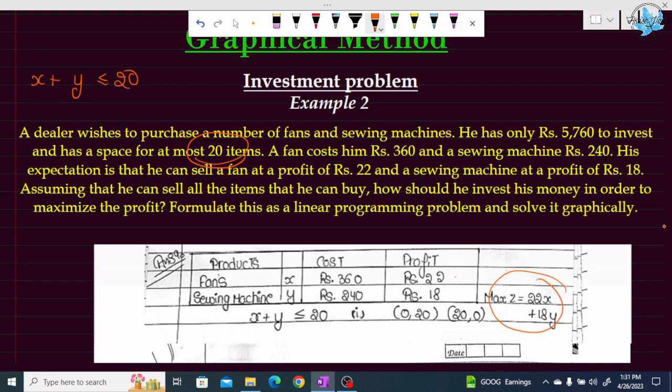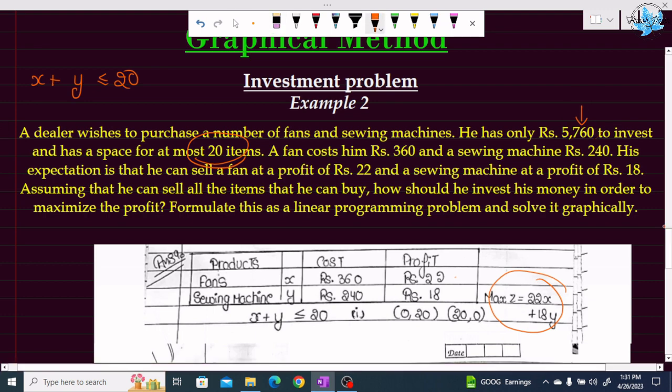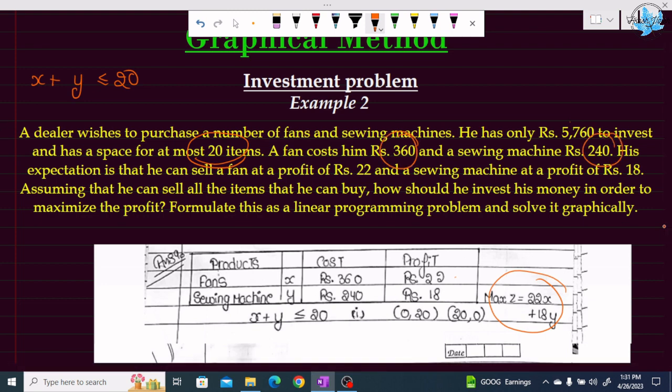Then for the second constraint we know he has only 5760 rupees to invest, and the cost is given to you. The cost of the fan is 360 and cost of the sewing machine is 240. If he purchases X units of fan at 360 rupees and Y units of sewing machine at 240 rupees, he can purchase only within the limited amount that he has, that is 5760 rupees.